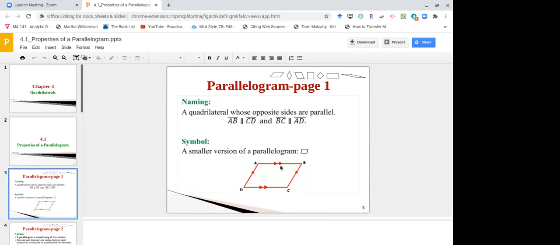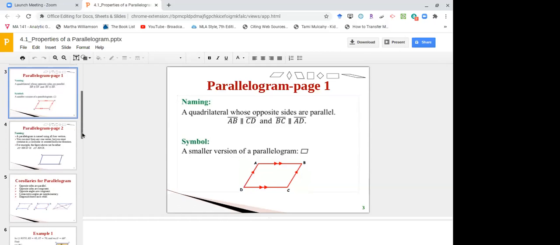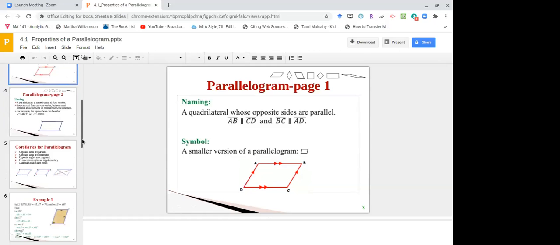So they don't kind of careen and get closer to each other. They stay the same distance apart all the time, and you have a parallelogram. And this whole lesson is about the properties of a parallelogram.